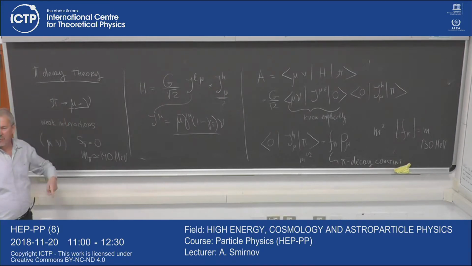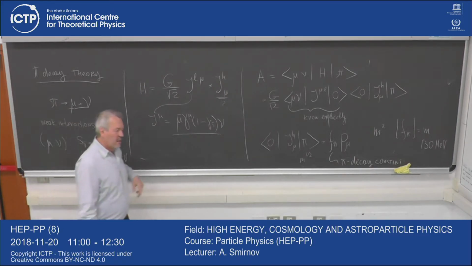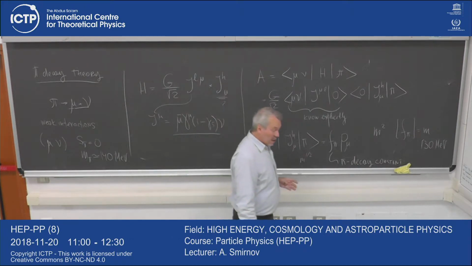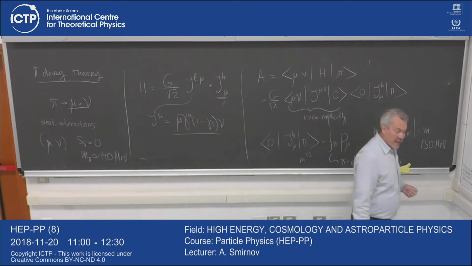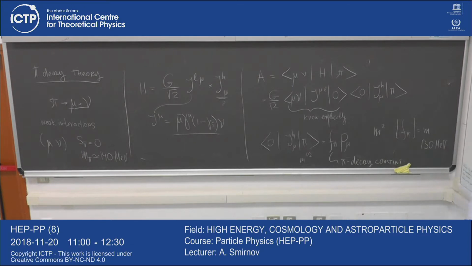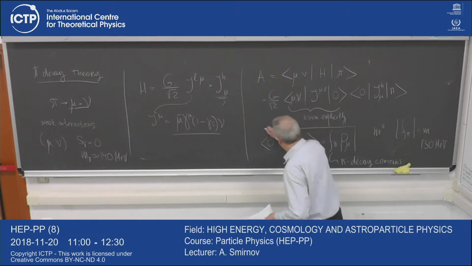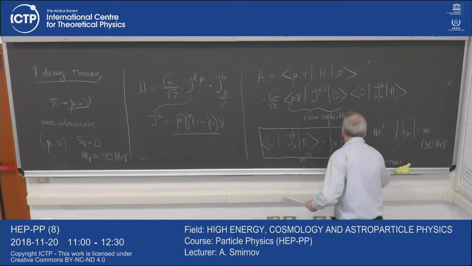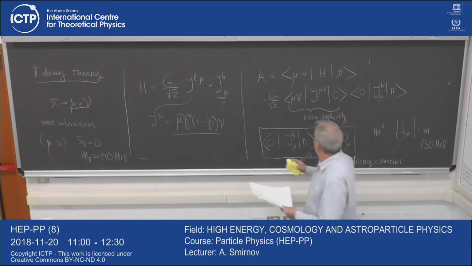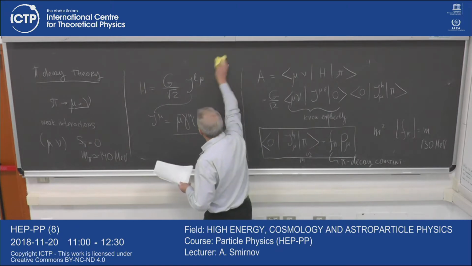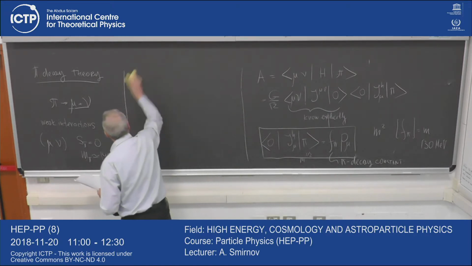You know the length of the track, you know the energy loss, and therefore you can find from here the energy of the muon, and then you have a two-body decay. It's easy then to reconstruct the mass of the pion. So this is already a very important input, and we can continue with computation of our matrix element.